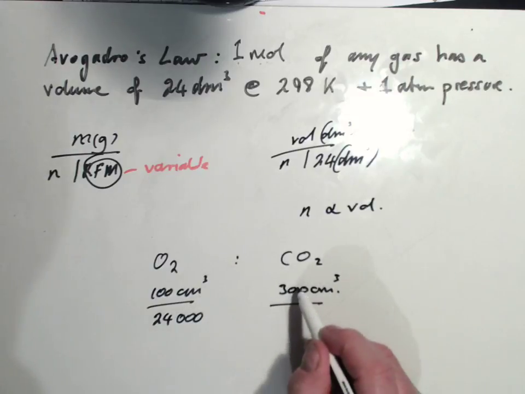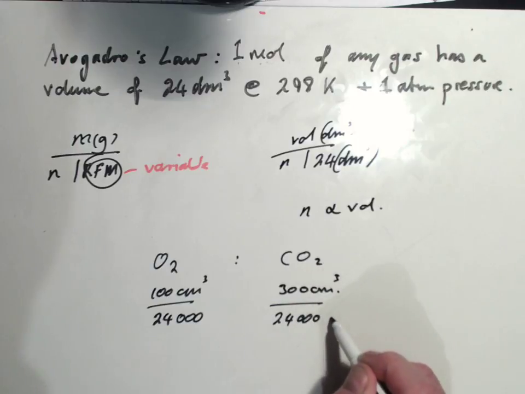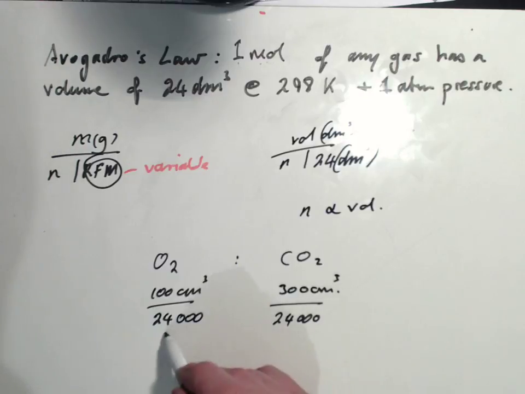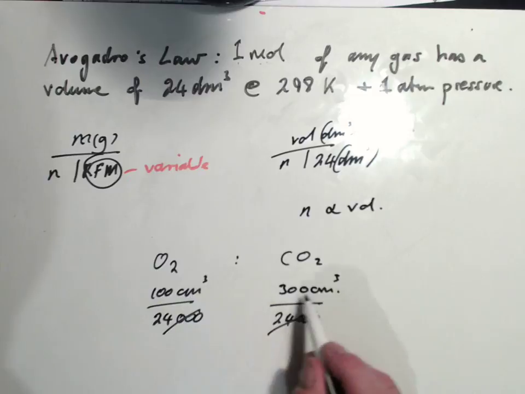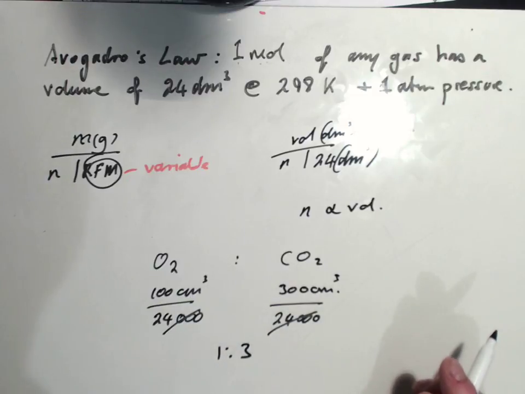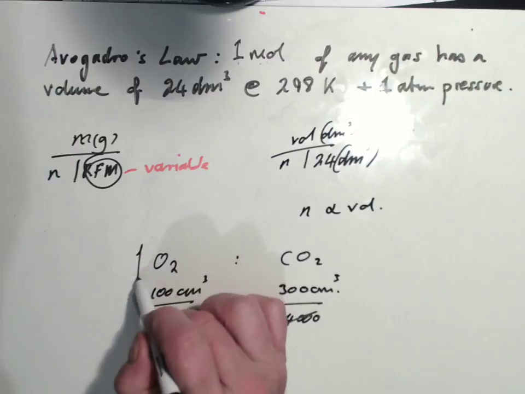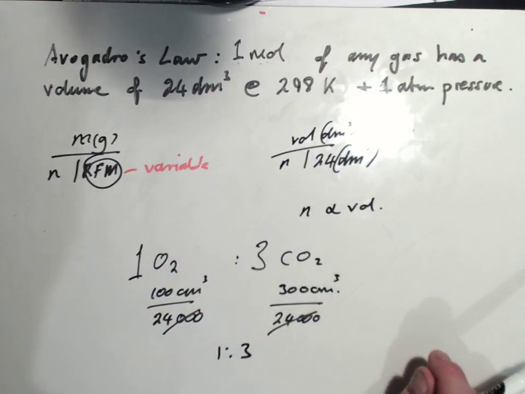And to work out moles of the carbon dioxide, I would take 300 and divide that by, of course, 24,000. Because the 24,000 is constant in both, my ratio of oxygen to carbon dioxide will come out at a 1 to 3 ratio. Therefore, if I know the volume of oxygen and carbon dioxide, I would also know the ratio of moles of those two things.